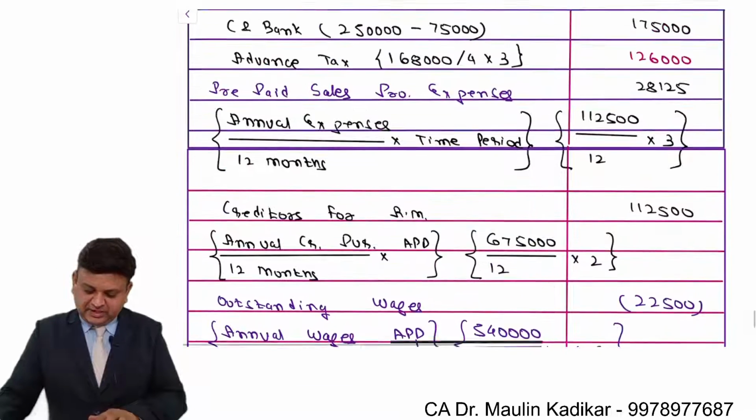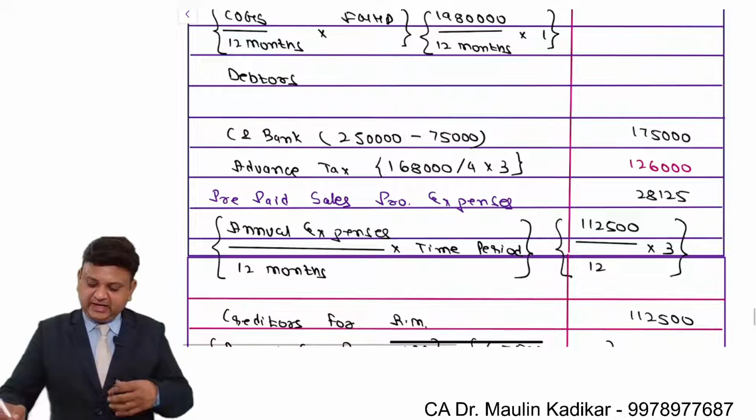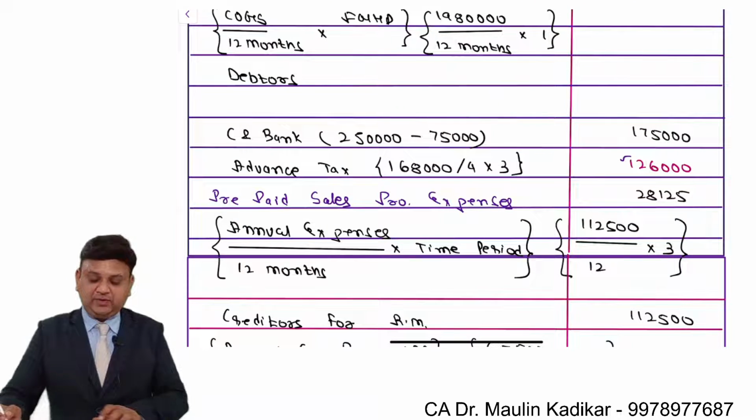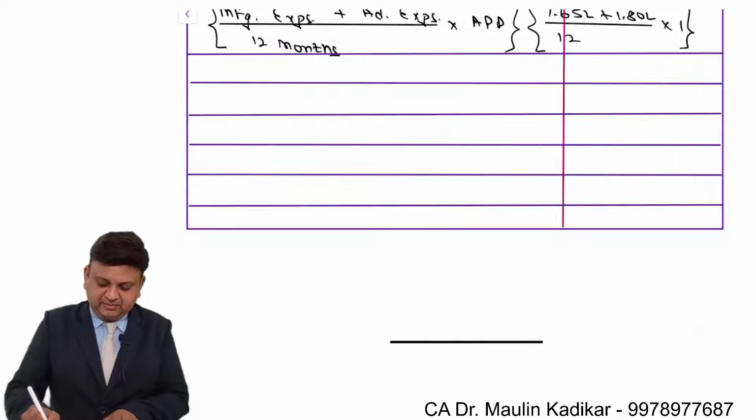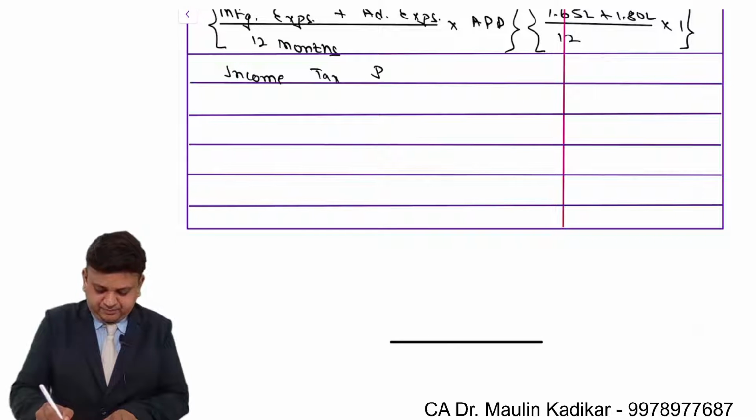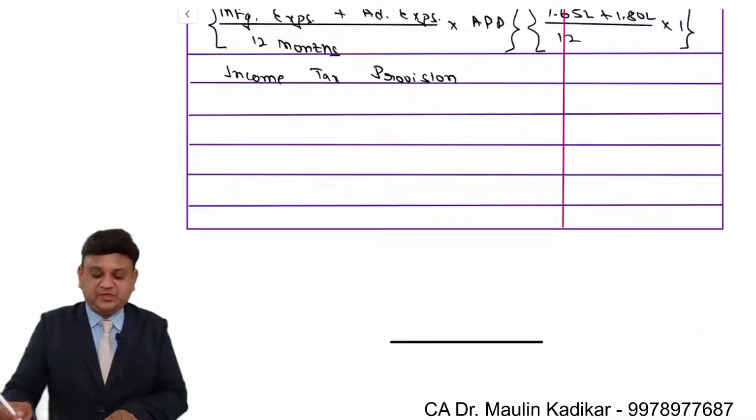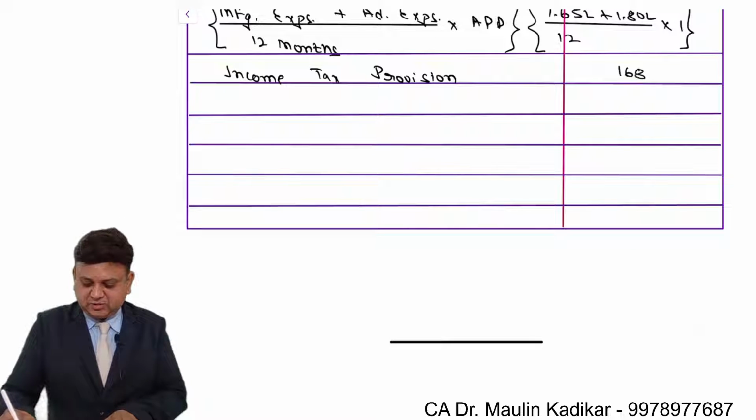Now friends, we have already written the advance tax of 1,26,000. So now we will mention the income tax provision. Income tax provision will be 1,68,000.